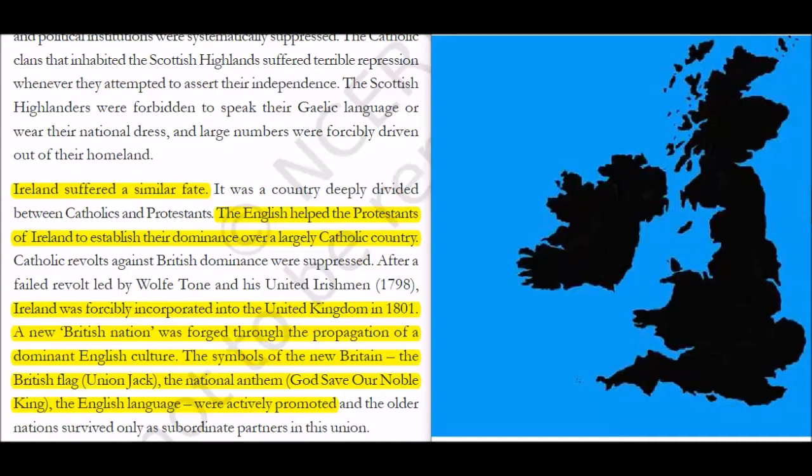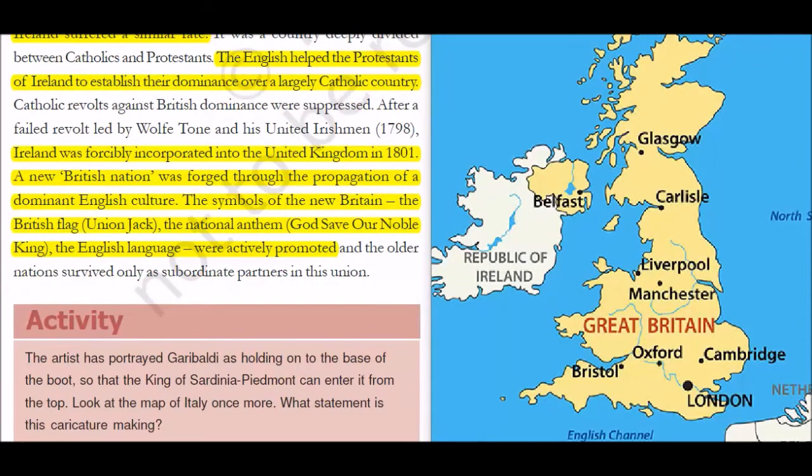Ireland was forcibly incorporated into the United Kingdom in 1801. The symbols of the new Britain, that is the British flag called Union Jack, the national anthem, God Save Our Noble King, and the English language were actively promoted. This is how unification of Britain was completed.